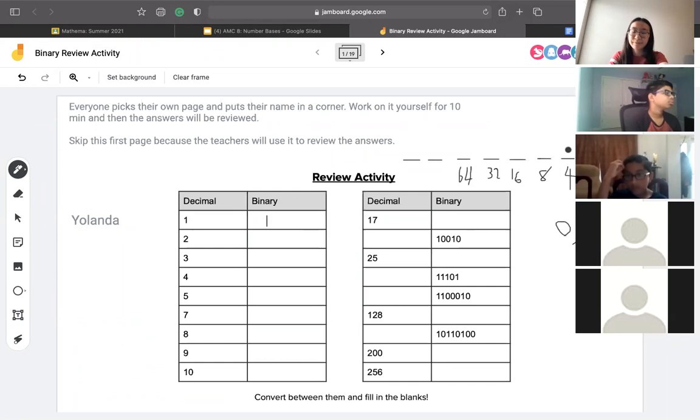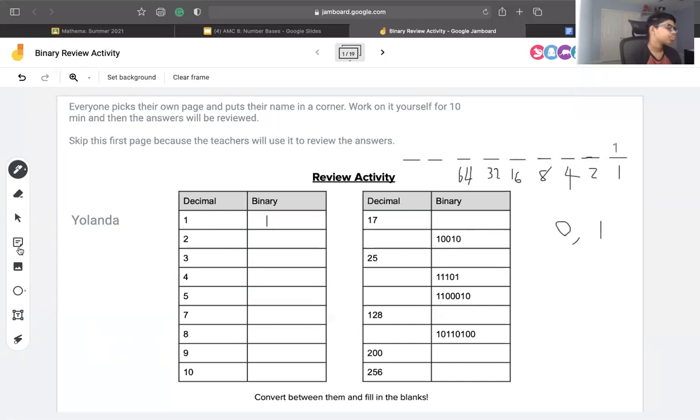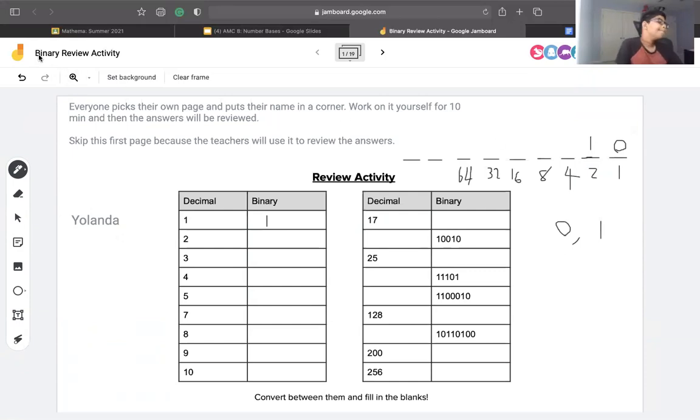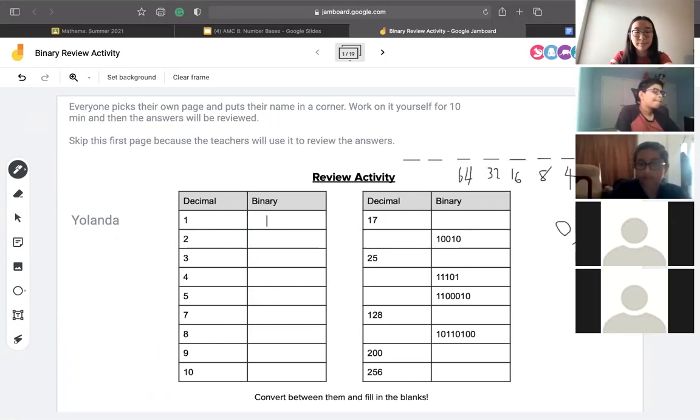Not exactly. Okay, so let me get the text box. 2 in binary is where you put a 1 in the 2's place and a 0 in the 1's place, because what you're doing is multiplying the digit by its place value.